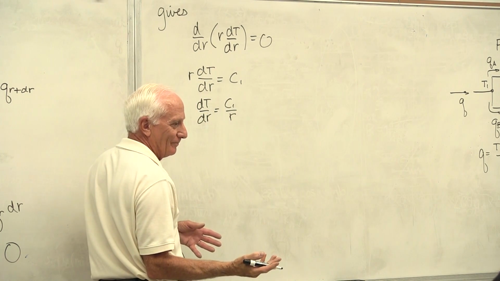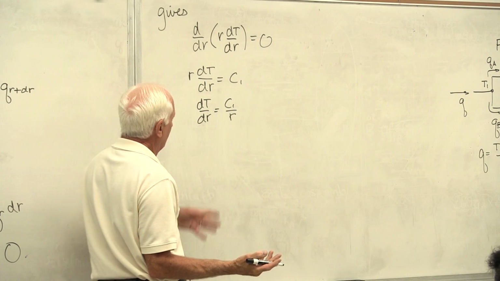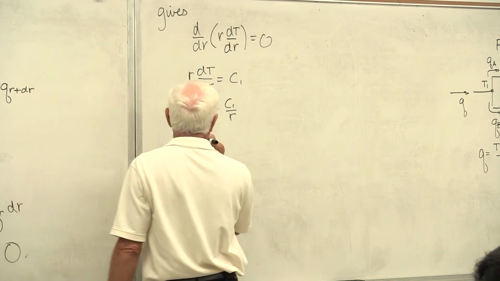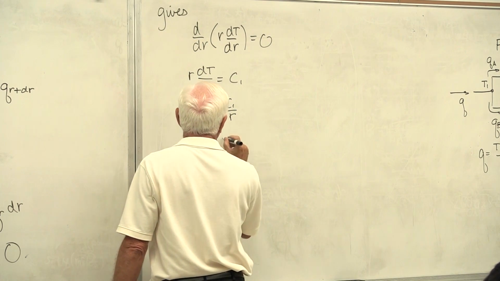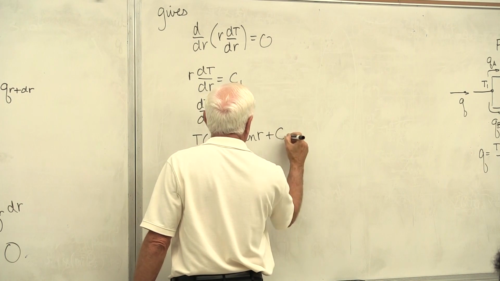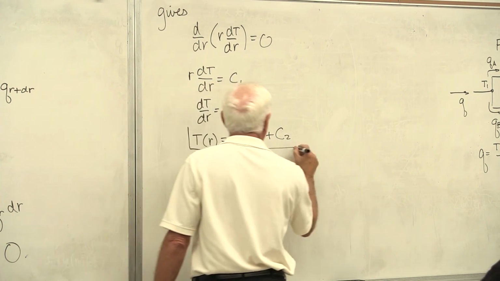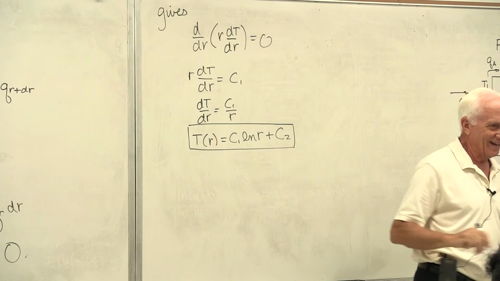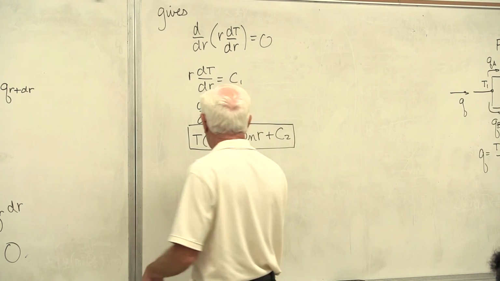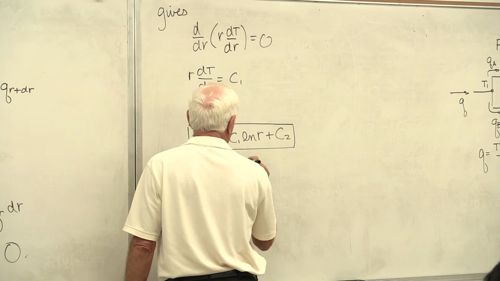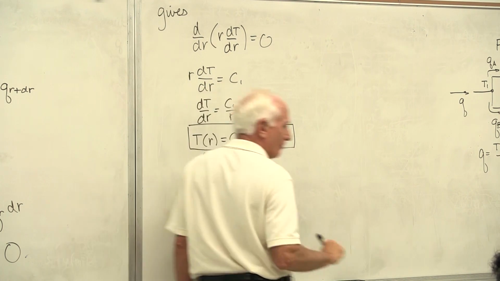The integral of 1 over x dx is natural log of x, so T as a function of r equals C1 natural log r plus C2. Notice that now the temperature distribution is logarithmic.